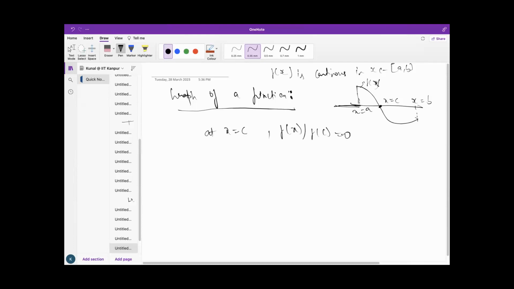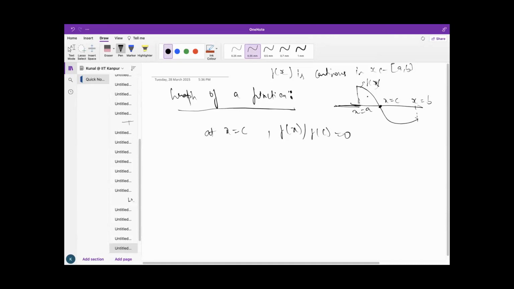At x is equal to c, the value of f(x) is 0 if you look carefully here. Here the value is 0. So what can we understand from this?